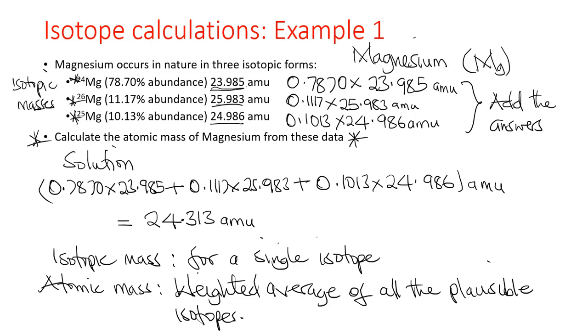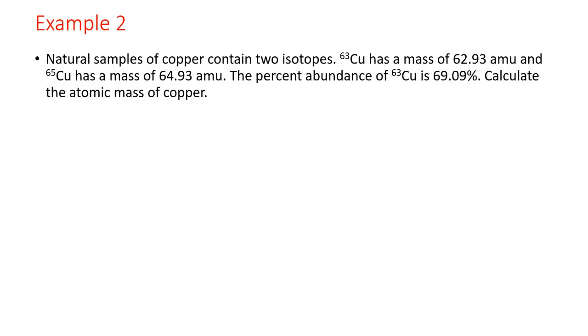Let's look at another problem. We have natural samples of copper that contain 2 isotopes. The first one is copper-63, which has a mass of 62.93.